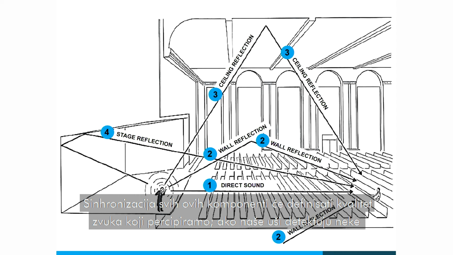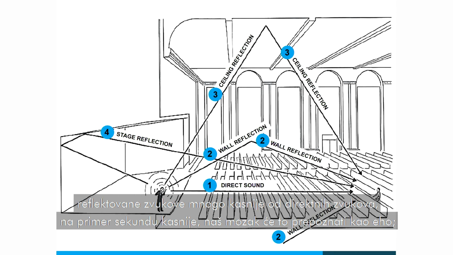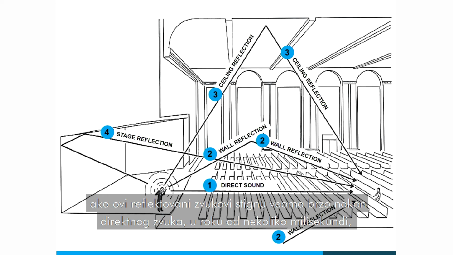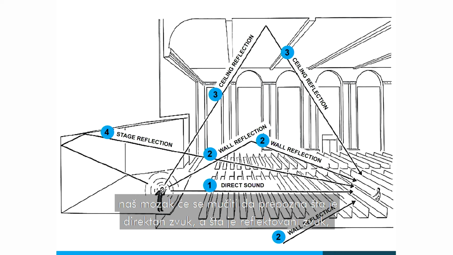So if our ears catch some of those reflected sounds much later than the direct sound, for example 1 second later, our brain will recognize this as the echo. But if these reflected sounds arrive very quickly after the direct sound, within a few milliseconds, our brain will have a problem to recognize what was the direct sound and what was the reflected sound. And our brain will recognize it as a very rich sound and appreciate this very strong acoustic sensation.